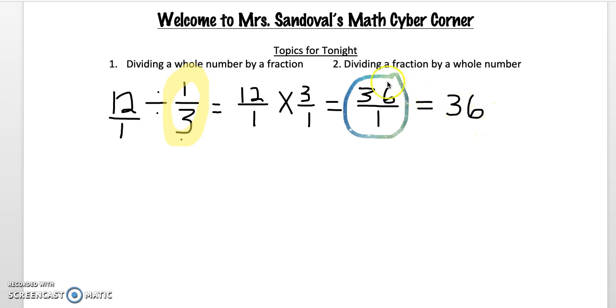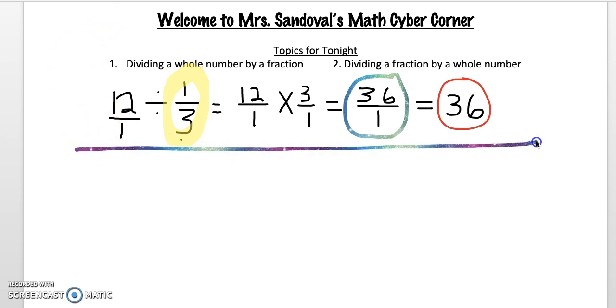And the answer would be 36. That's our answer, 36 parts or 36 pieces. I'm always asking you to remember to ask yourself if your answer does make sense. That is something that is very important to remember. So that was dividing a whole number by a fraction.